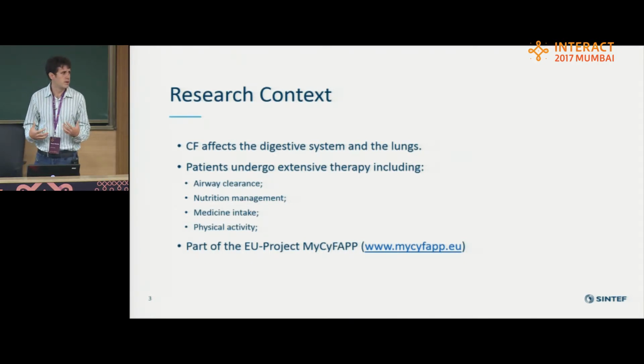As a consequence, they also have a quite frail system, and they are often subject to airway infections and so on, so they often have to take medicines for other diseases. And lastly, these patients are often recommended to do a lot of physical activity, because physical activity naturally helps to clear up the lungs and build lung capacity.